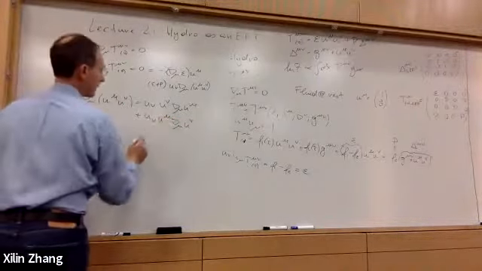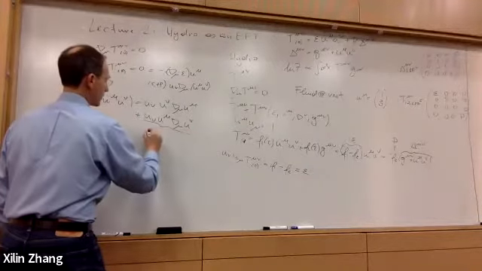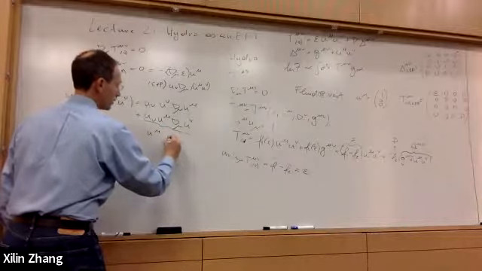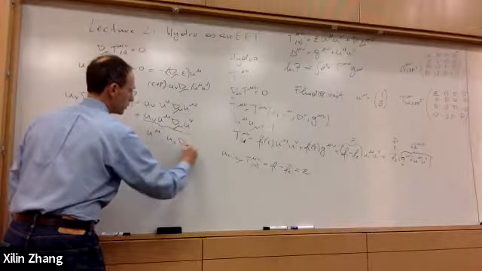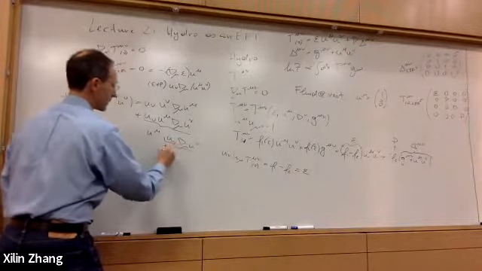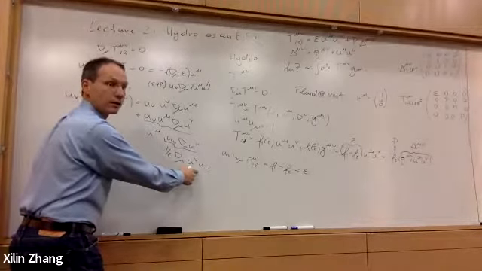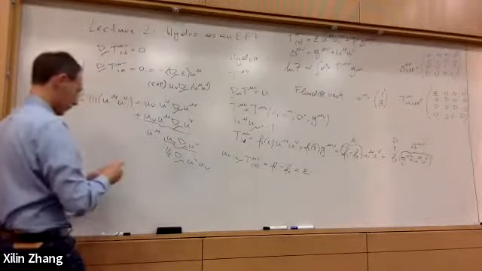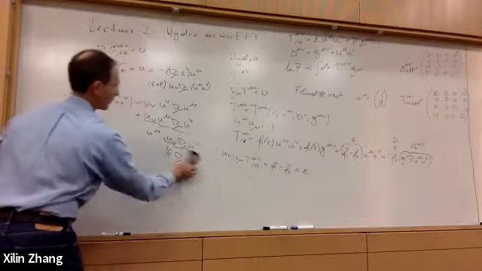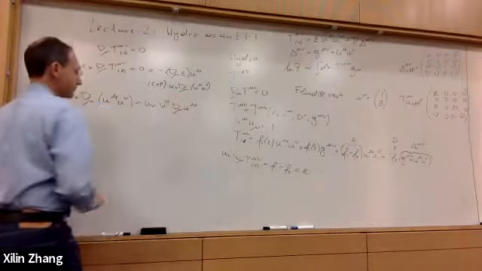That second term involves u_ν u^μ ∂_μ u^ν, which is the same as 1/2 ∂_μ (u^ν u_ν) u^μ, where u^ν u_ν is -1. If you take the derivative of -1, it's 0, so that term just goes away. So you only have this term left.